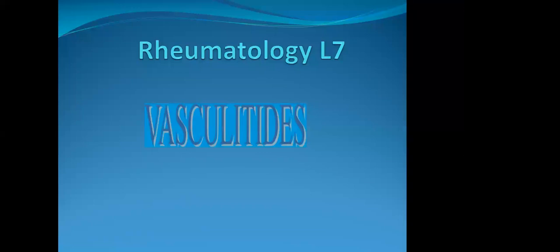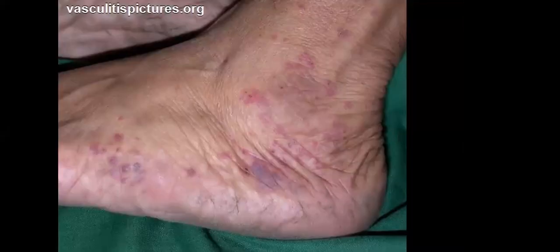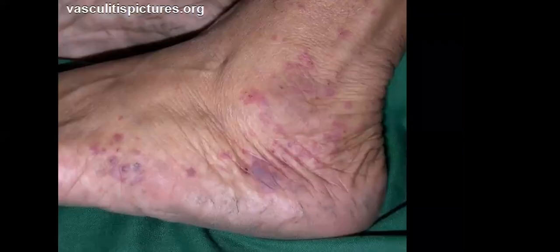The word came from vessels or vasculature, and the suffix -itis is added to mean an inflammation of the blood vessel wall. Vasculitis is the inflammation of the vessel wall. Okay.